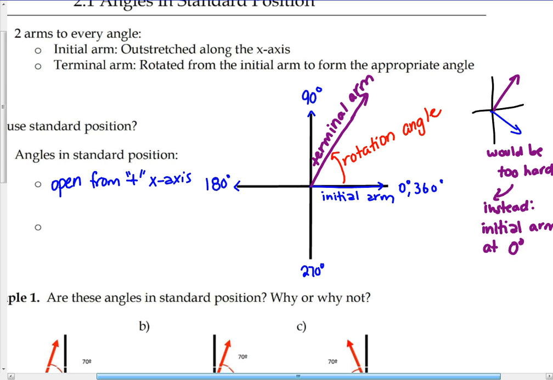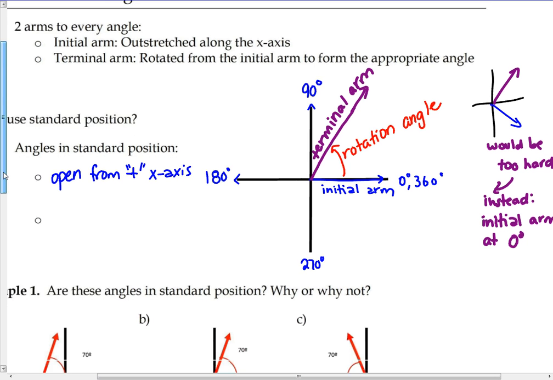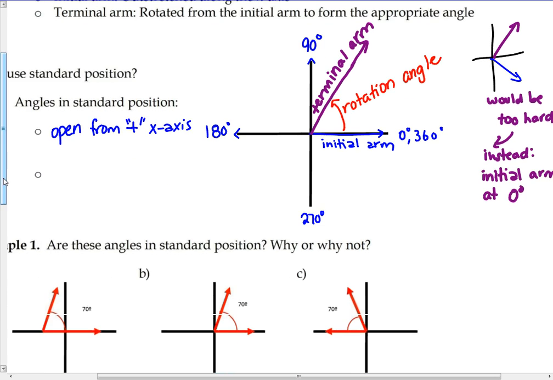So it's opening up from that initial arm, which is always at the positive x-axis, and beginning at 0, 0. So we don't shift it to the left or right. We're always going to use our origin as the vertex that's connecting our initial arm and our terminal arm. Another way you could put that is the initial arm and terminal arm will always meet at the origin.